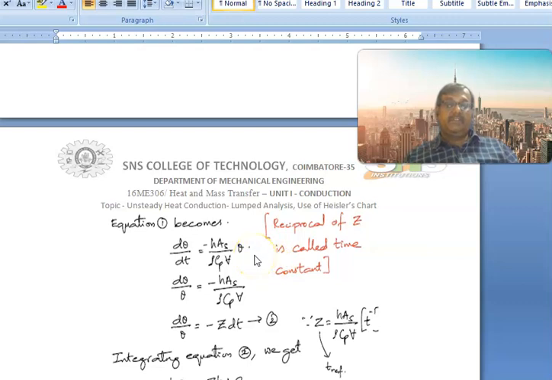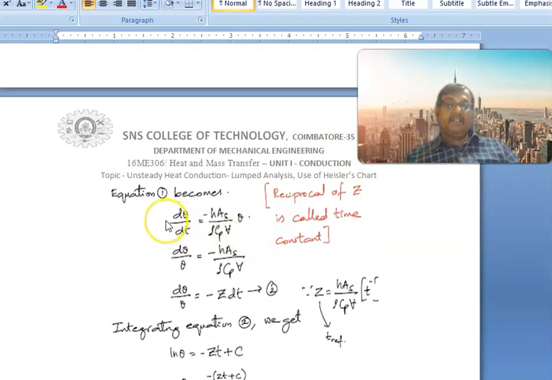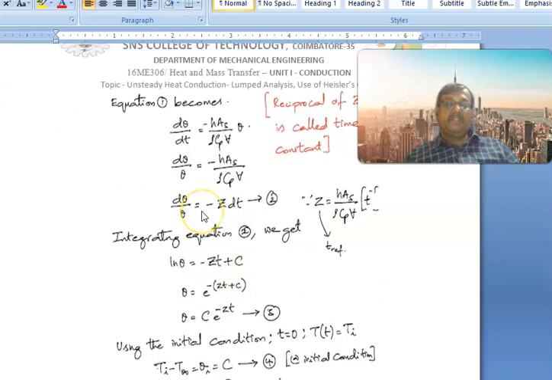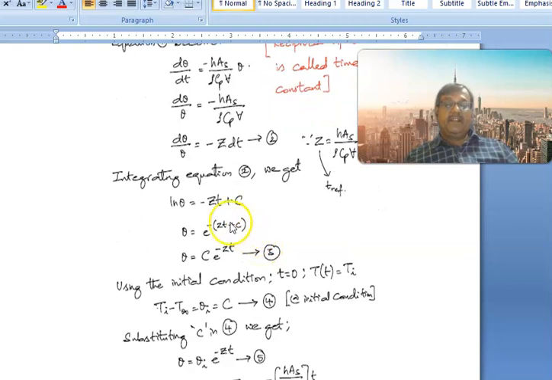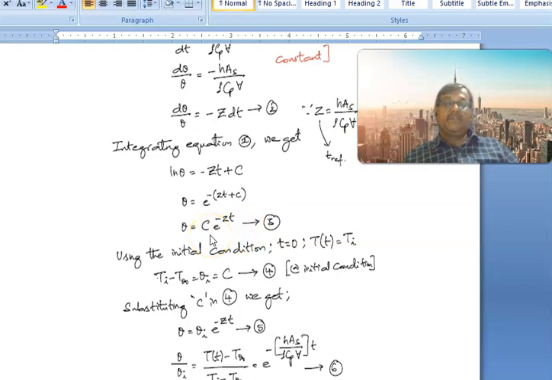The reciprocal of z is called the time constant. So z = hA/ρCpV, and dθ/θ = -z dt. Integrating the equation, we get ln θ = -zt + c. Taking e to the power on the right side, mathematically θ = e^(-zt) times c, which is a constant.